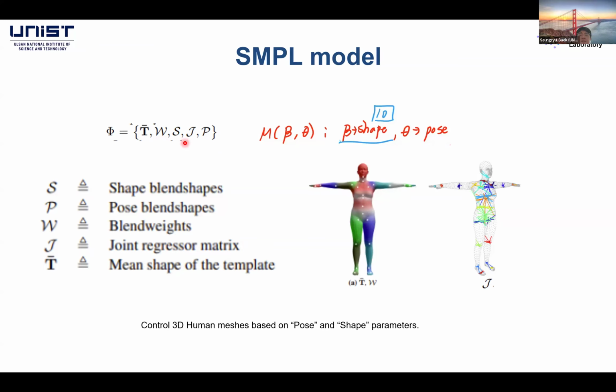And S is the axis for the shape, J means the joint regressor, and P is the post-blend shapes, which have a minor effect. Okay, so these 5 define the SMPL model.